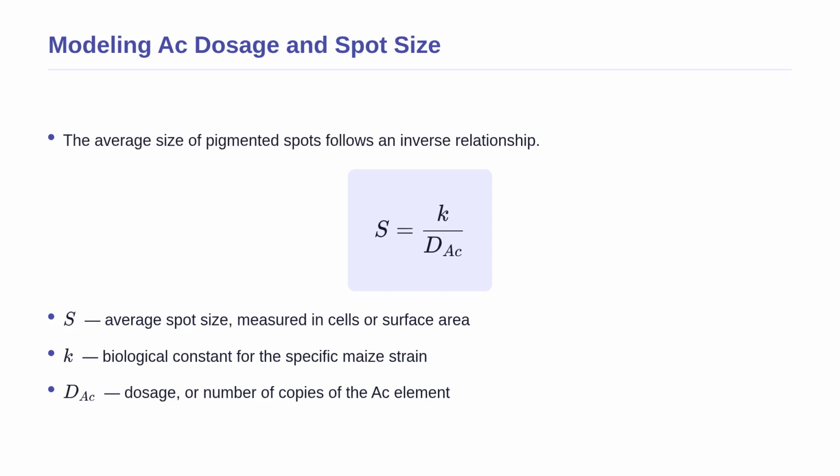The constant K depends on the specific genetic background and cell division rate. The dosage is simply the exact number of activator elements in the genome. This formula tells us that spot size is inversely proportional to the number of AC elements. If the dosage increases, the transposition happens later in development, which means the restored cells have less time to divide, resulting in smaller spots.